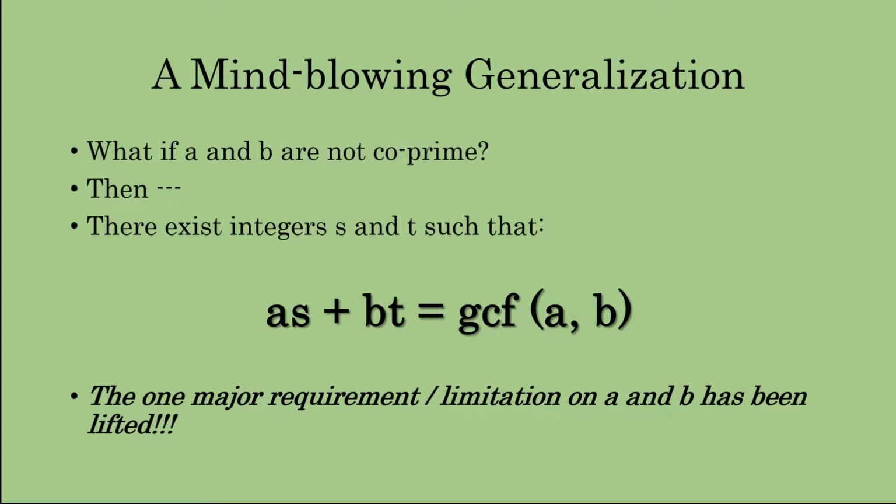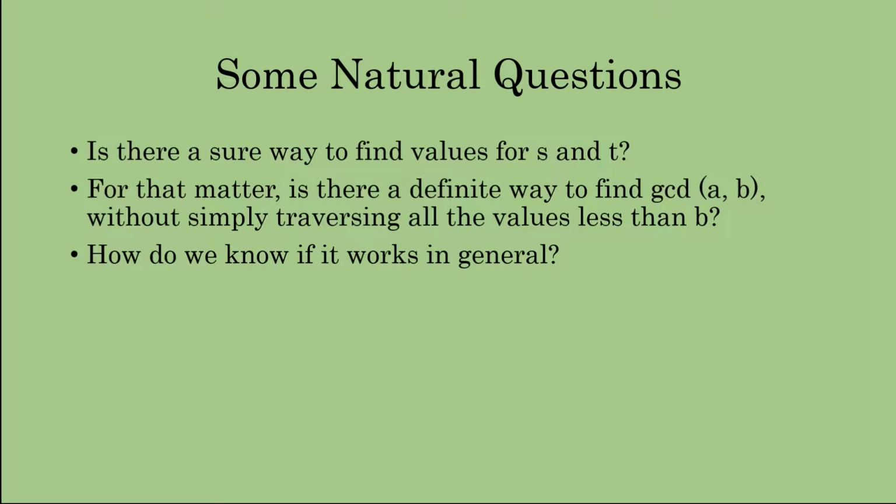But some natural questions arise from this, as I'm sure you're aware. The first of which is, is there a certain way to find values for S and T? Because if not, sure, it's an interesting statement, but would there be a way that's guaranteed to find these values of S and T and really make this more concrete?